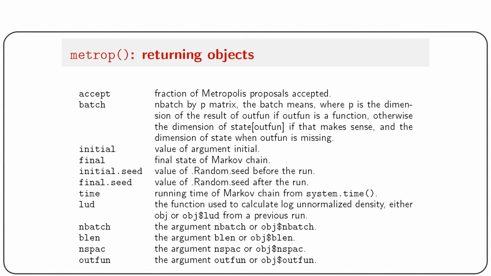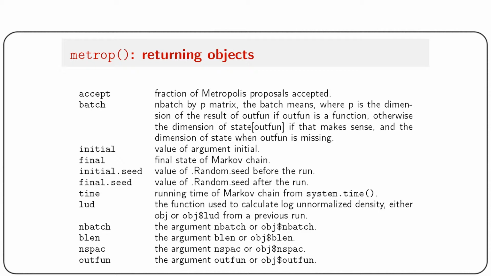And if you see, the returned objects are: accept, the fraction of Metropolis proposals accepted. Batch is an n batch by p matrix of the batch means, where p is the dimension of the result of out fun if out fun is a function, otherwise the dimension of state, and the dimension of state when out fun is missing.